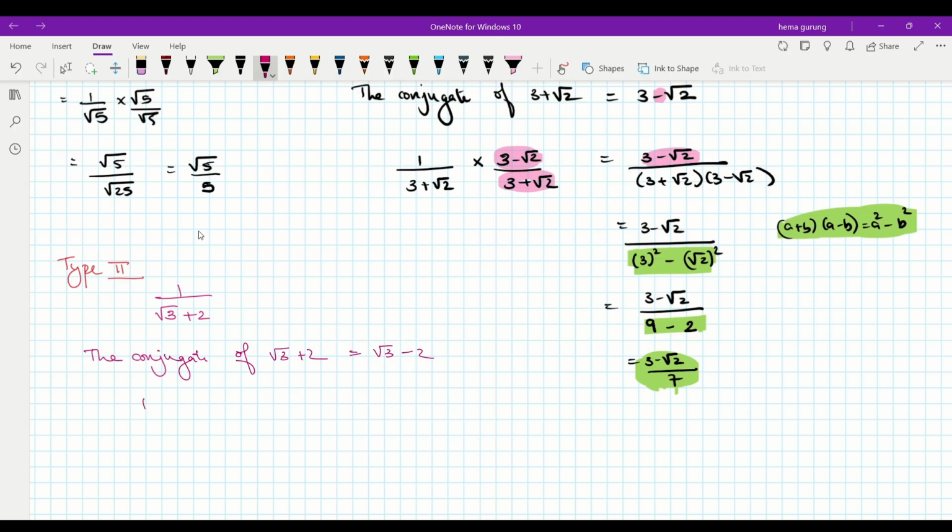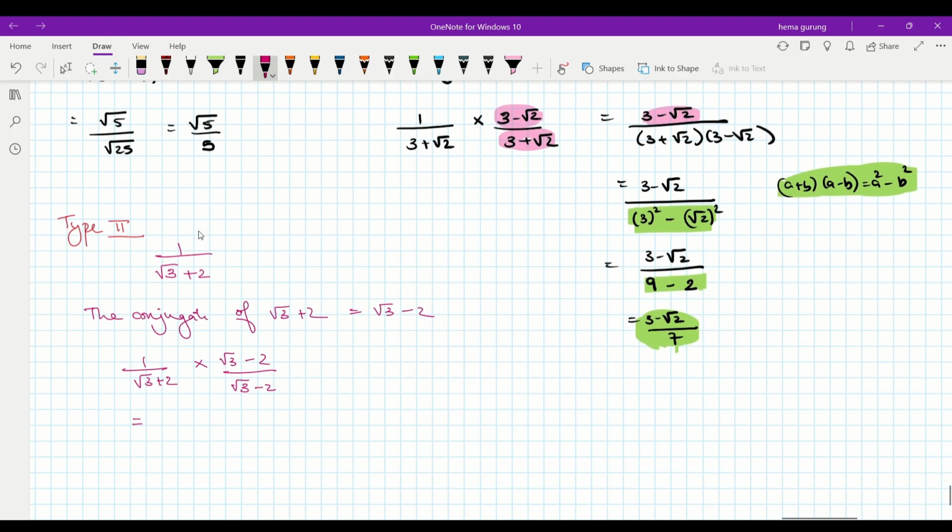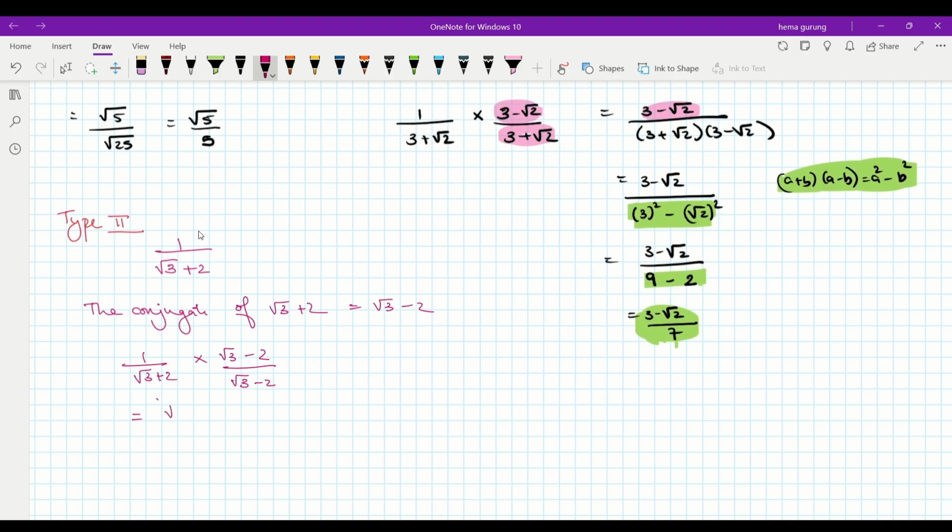You know the next step? To rationalize it, what do we do? We multiply and divide by its conjugate. Now anything multiplied by 1 is obviously the same thing. And here in the denominator, let's multiply it.